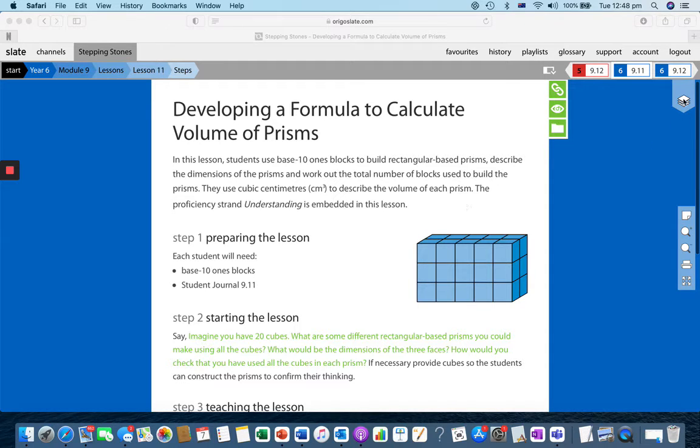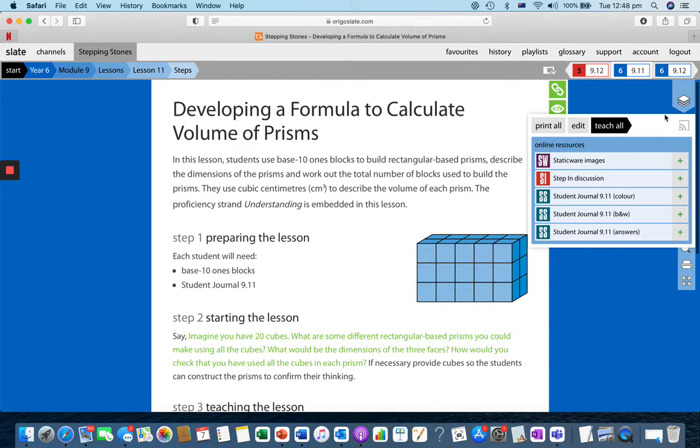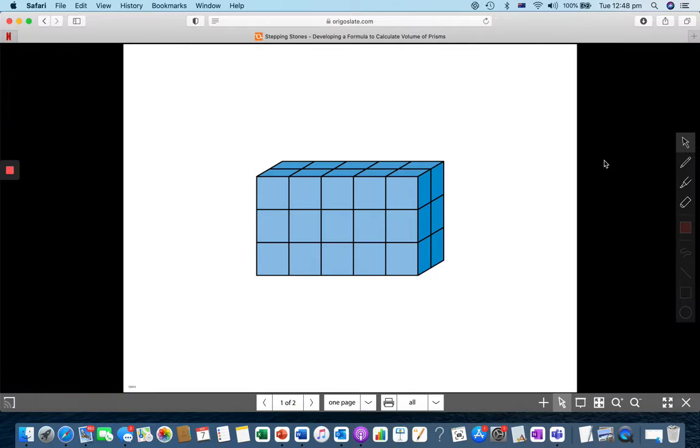Okay, so let's have a look at what we're going to be doing today. First of all, let's have a look at a prism. I'm going to ask you some questions and you're going to think and we're going to discuss it and answer those questions. So for example, what are the dimensions of this prism? We already know about length and width.